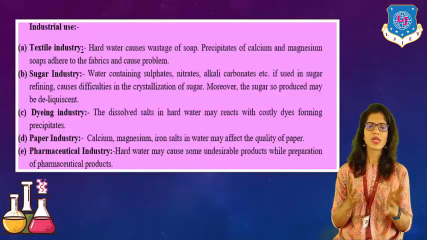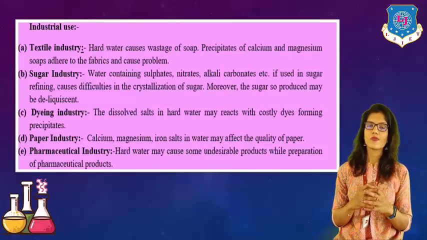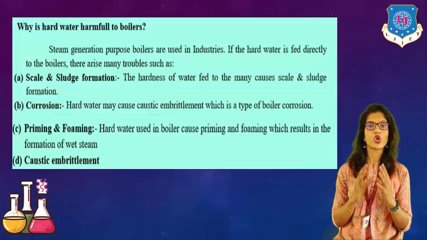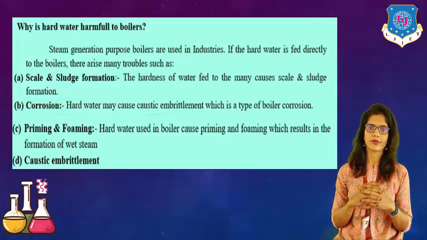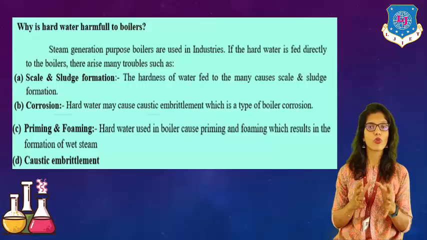Now, next is boilers. Which kind of problem does it create when we use it in boilers? It forms scale and sludge. Then it can create corrosion of the boiler. After that, it will form priming and foaming in the boiler.